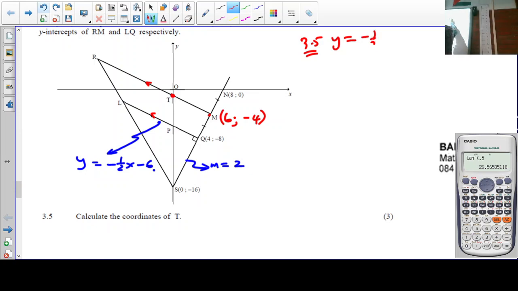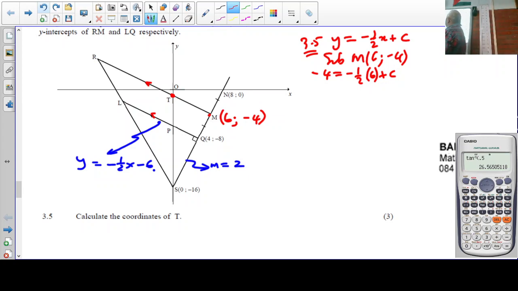So it's negative half x plus c. Now do I have a point on this line? Yes, I have 6 and negative 4. So you substitute x, which is 6, and y, which is negative 4. So negative 4 is equal to negative half times 6 plus c. Now this is going to give you negative 3.